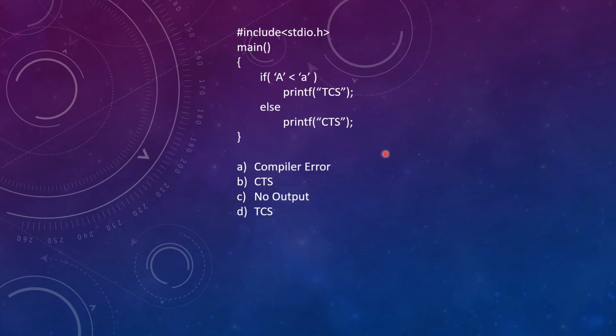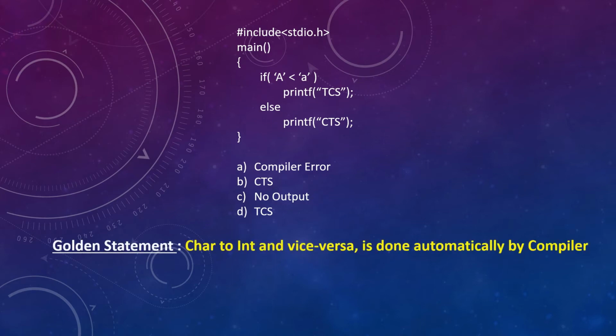Let us now move on to the golden statement for this question. The golden statement here is: we know character to integer conversion and vice versa is done automatically by the compiler. As I said earlier, this conversion from character to integer is done automatically by the C compiler.